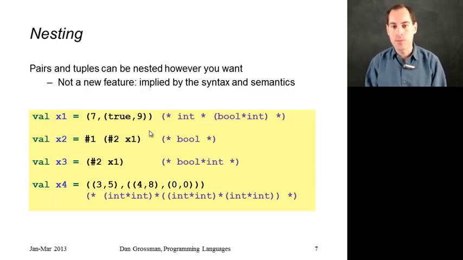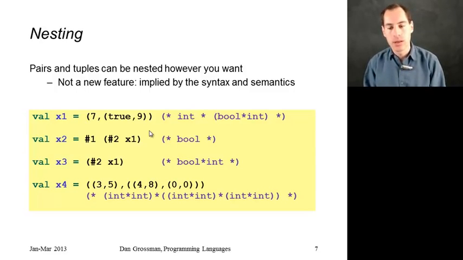So the overall type is int star parenthesis bool star int. Therefore, if you took that x1 and you applied the #2 operation to it, #2 of x1 is going to give back a bool star int. So if we then did #1 of that, so #1 of #2 of x1, that would give you back something of type bool, and in fact x2 would evaluate to true.